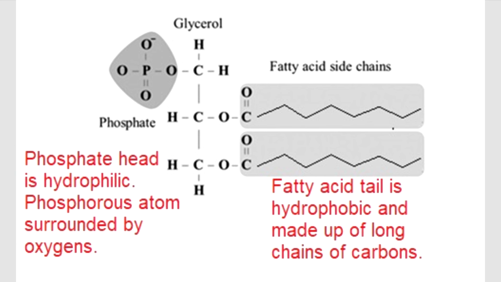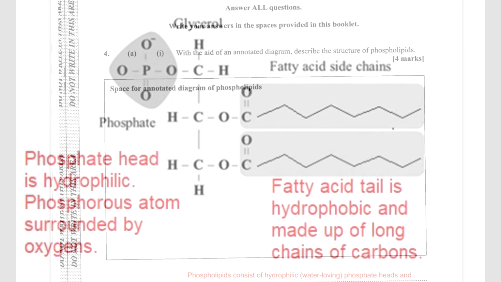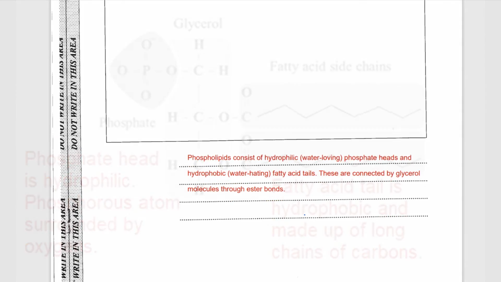Now if they said describe the molecular structure of it, or draw the molecular structure, then you would want to draw your phosphorus and your oxygens and your carbons and things like that. In this case it is only 4 marks, where most of it is there for the description. So let's look at the description now.